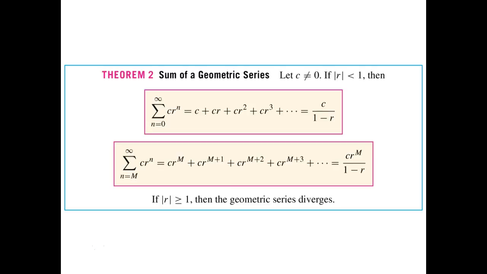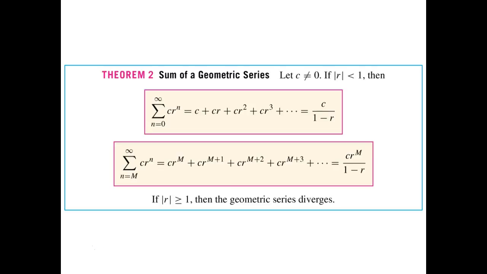I mean, you could, but if R was 0, you just have C. It won't give you that from the formula, but that's what you would have, because all these other terms would be 0. Okay. So, absolute value of R less than 1, and we'll just say R not 0, C is not 0.